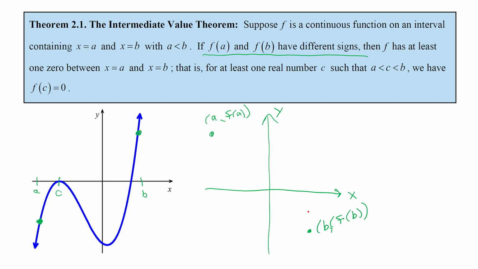So what I want to ask you, is it possible for a continuous function to pass through a, f of a and b, f of b and not cross through that x-axis? I don't see where that would be possible with a continuous function. So somehow or other, if we have a continuous function, we're going to have to pass through the x-axis at least one time.